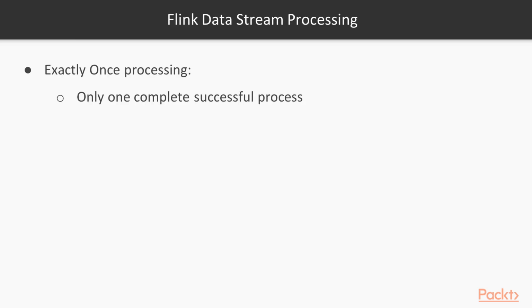The Flink data streams offer the following advantages. The first one is called exactly once processing. If you are processing a real-time system, because of the nature of the distributed systems which are serving as the message buses as well as the processing, many times you will see that the event is either processed one time or more times. It's called at least once, or sometimes the event might not even show up and you completely missed out, which is at most once.